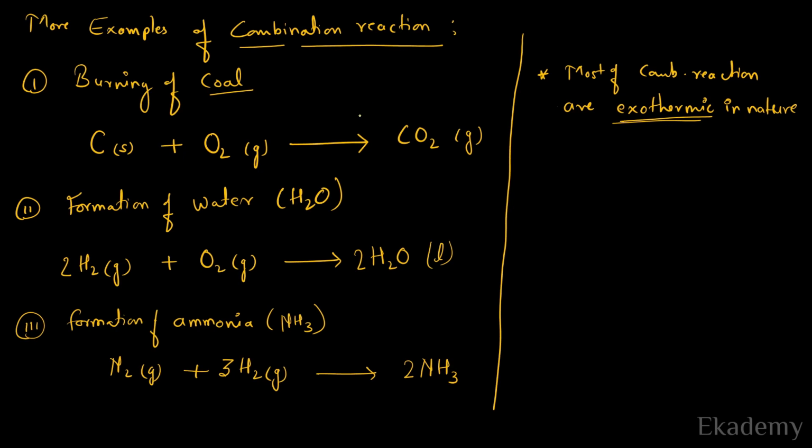We have already seen our very first example where calcium oxide reacts with water to form calcium hydroxide with the liberation of heat. Similarly, in the burning reaction also lots of heat is evolved. During formation of water, lots of heat is evolved. Even in the formation of ammonia, lots of heat is evolved. So all these reactions are exothermic.